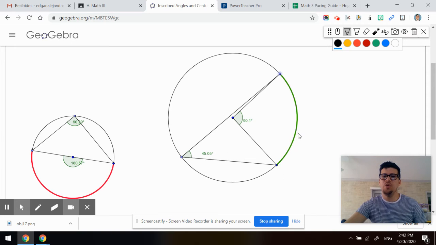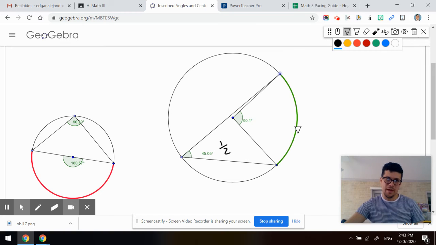But the cool thing is that this inscribed angle, whose vertex is not at the center of the circle but on the circumference, the perimeter of the circle, ends up being 1/2 of the central angle.